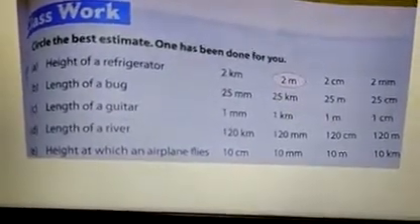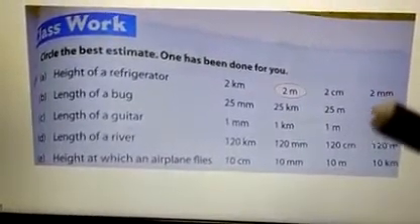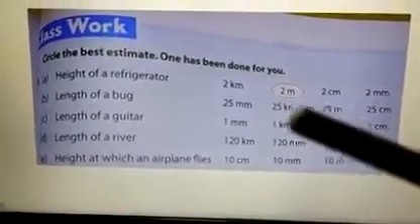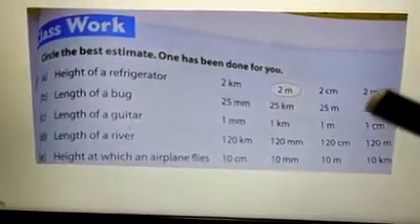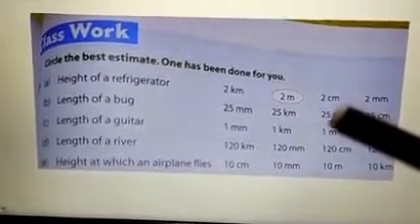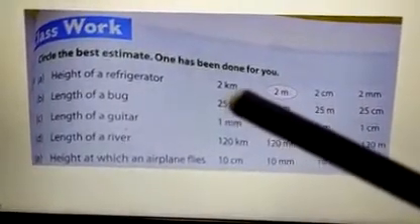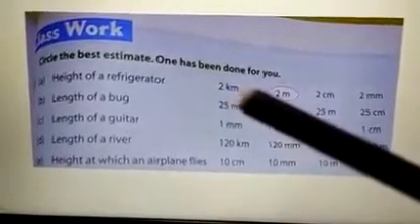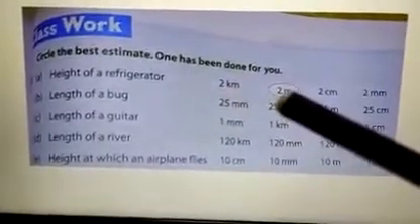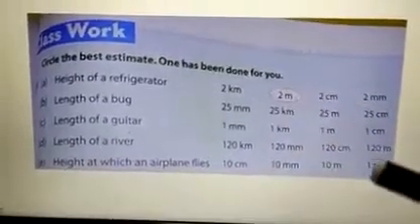I already showed you 2 millimeter. 2 millimeter is very small. 2 centimeter is bigger than 2 millimeter, but it cannot be the height of the refrigerator. And 2 kilometer. Kilometer is very big, I told you. So 2 kilometer also can't be. So 2 meter is the correct answer. It is already circled, nothing to do.